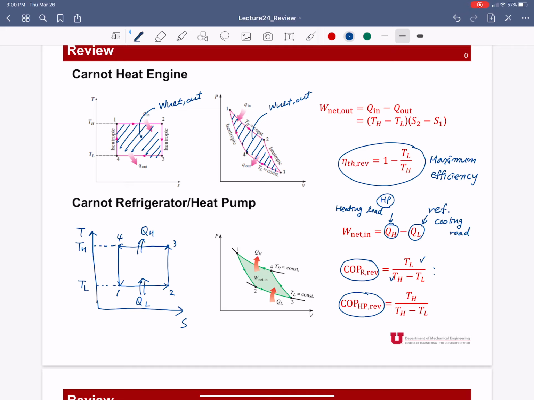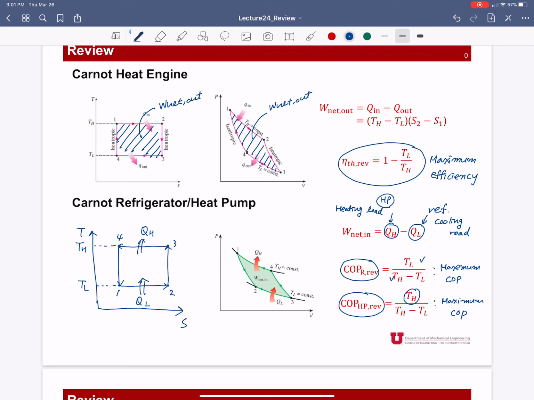Again, that is the maximum COP of the refrigerator. The same thing can be written for the heat pump, but in that case, the desired output is QH, so in the Carnot cycle, we have TH in the numerator. So that is also the maximum COP. Again, no real actual refrigerators or heat pumps can exceed those COP values for the Carnot cycle.